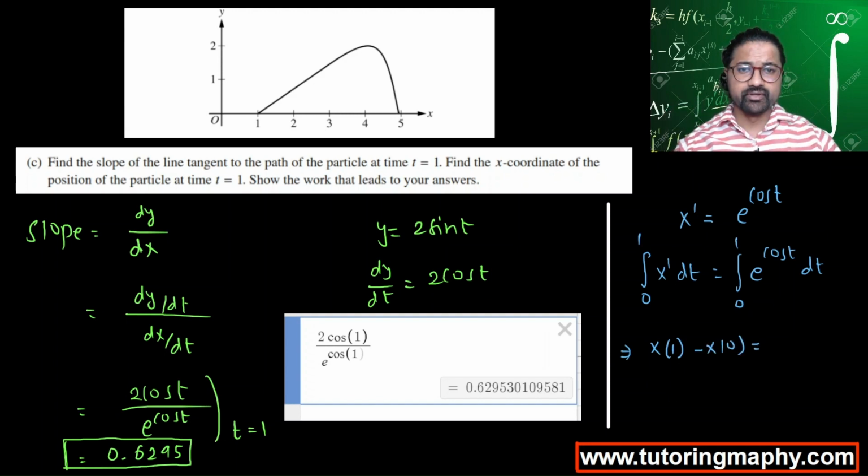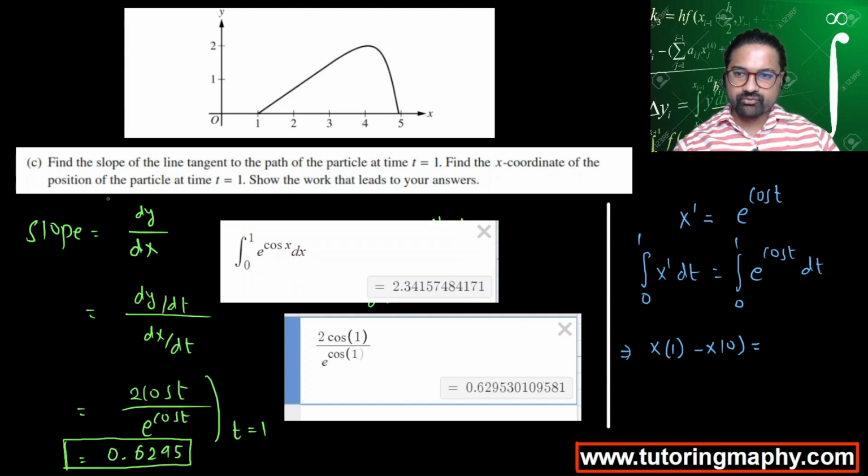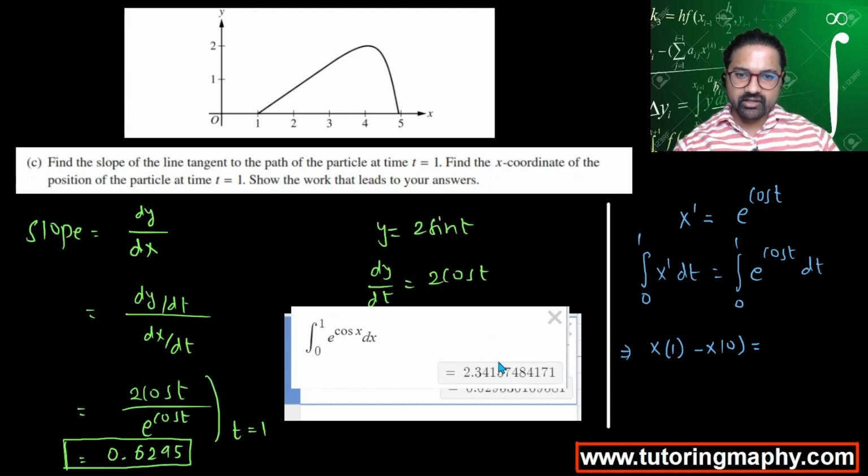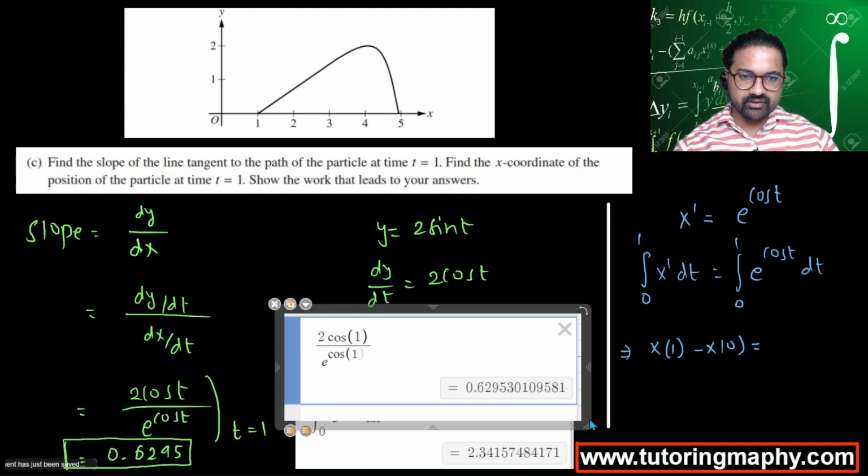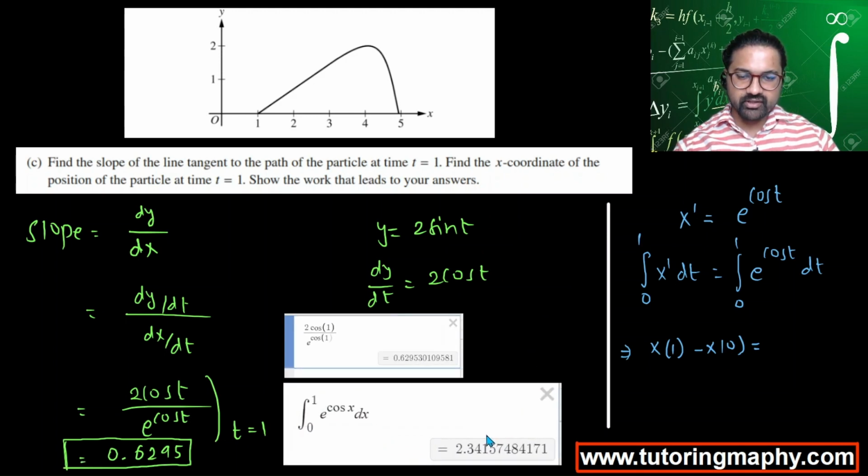And this integral I'm going to solve using a calculator: e raised to cos x dx, integral within the limits of 0 to 1. This is what I am getting, 2.34, from 0 to 1.